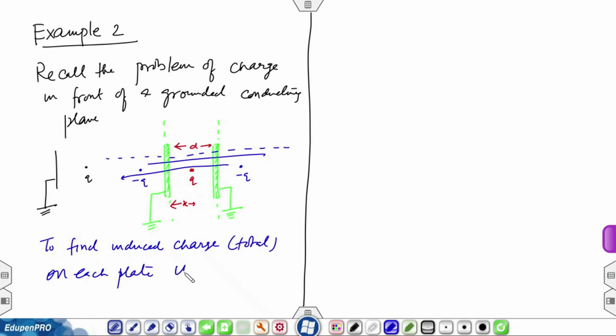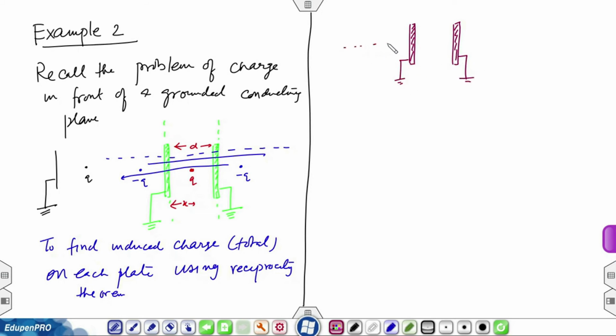And here I will use reciprocity theorem. So, I will create two different situations. One of those situations will be my original problem. This plate, another plate, both are grounded.